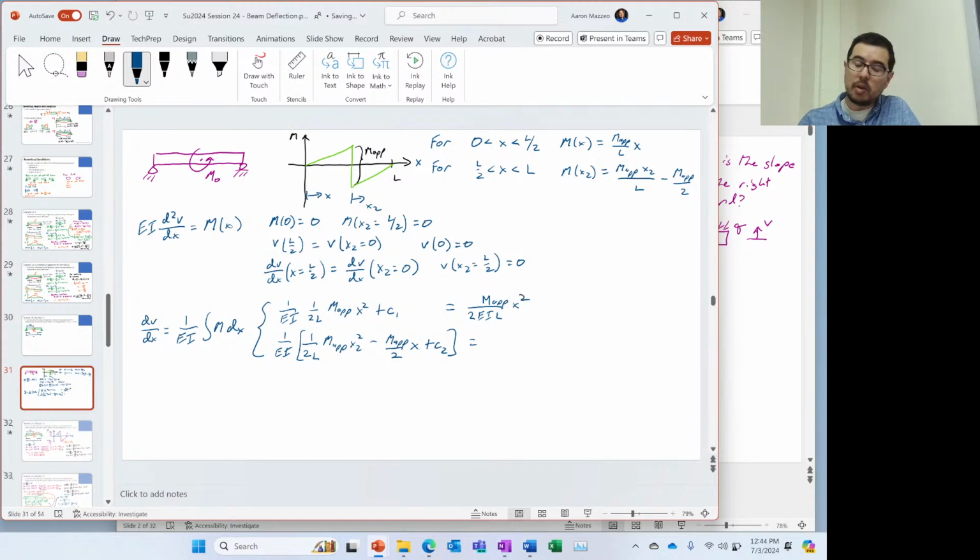Okay, so that's true on that side. And then over here, this is a little more complicated, all right? So I can plug in that x2 equals L over 2 into these equations and set them equal to 0. So now I'm going to go a little bit further.